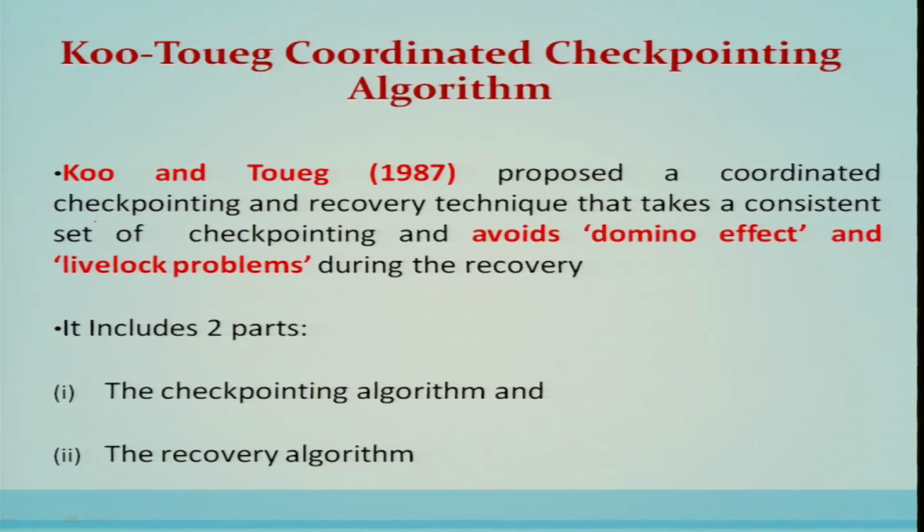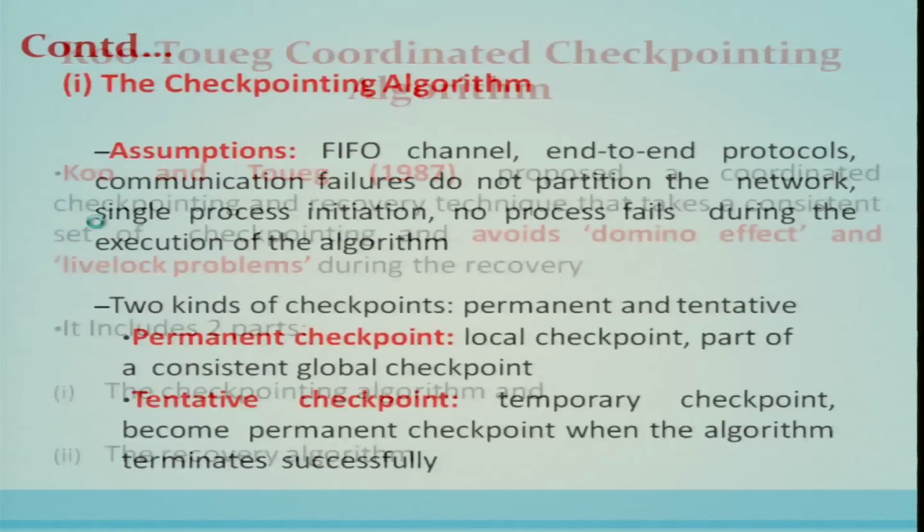So we will see this algorithm, which is used to solve the problem of domino effect and livelock through coordinated checkpointing. It includes two parts: the first is the checkpointing algorithm, the other is the recovery algorithm.